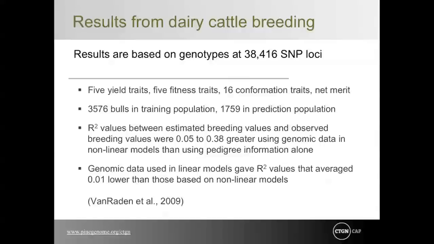The U.S. Department of Agriculture maintains an active research program in dairy breeding, as do many other countries, and several publications have reported on the success of genomic selection applications. This slide outlines the findings reported by Van Raden and co-authors at the USDA, though other groups have reported similar success in other countries.